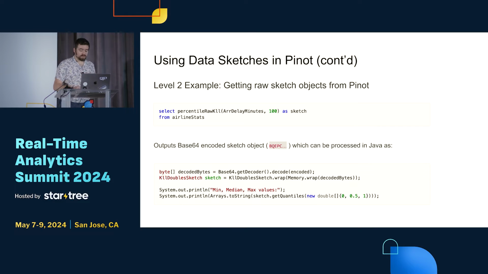So we use the Datasketches library to wrap it with this KLL double sketch constructor, and then we can print out mean, median, max values. This is useful because there are more to these sketches than simply calculating min, max, median. For example, you can get CDF, a cumulative distribution, or probability mass functions as well. In case you want to do further processing, these are available as well.